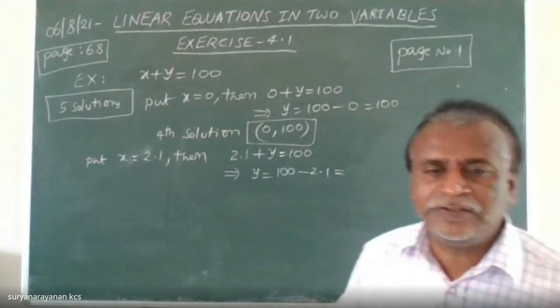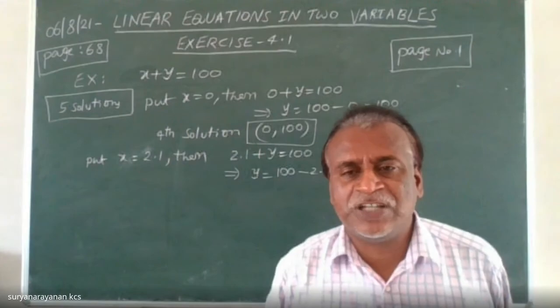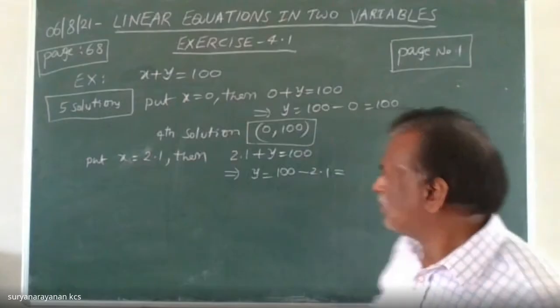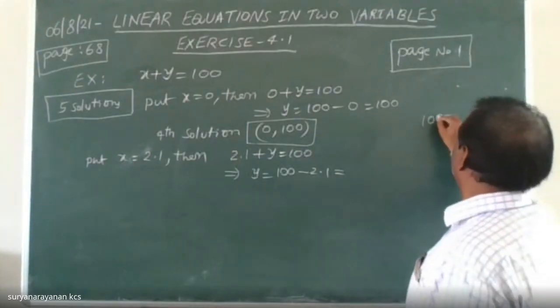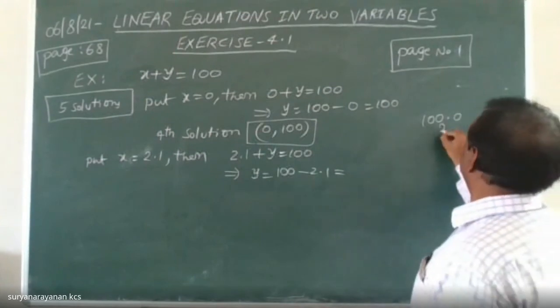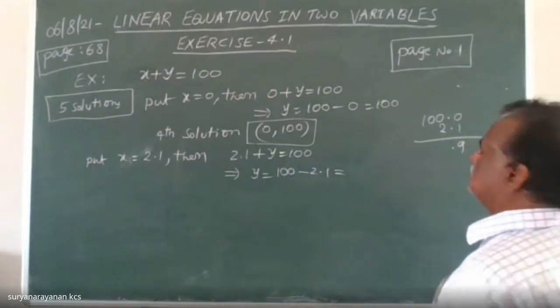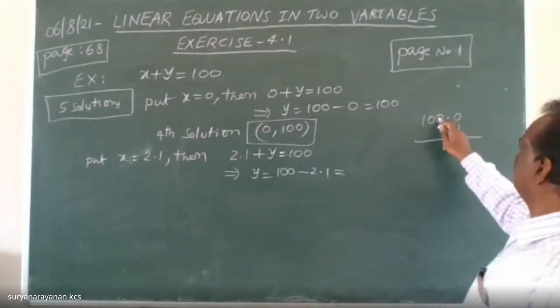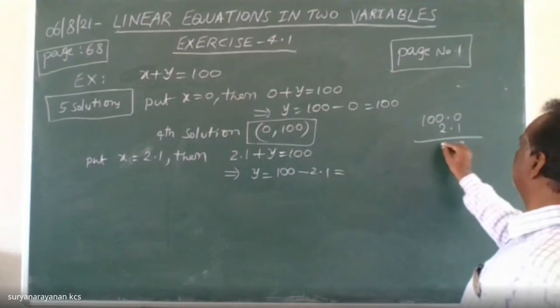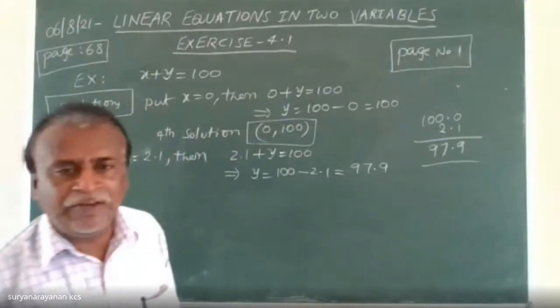Are you strong in subtraction of decimal numbers? Yes, sir. How do you subtract? 100.0, you can keep 0.0. Then 9 minus 2 is 7. So 97.9. We got the y value.